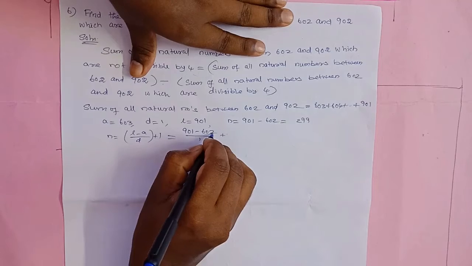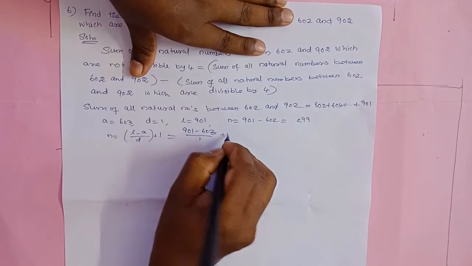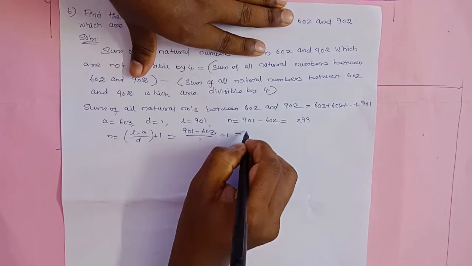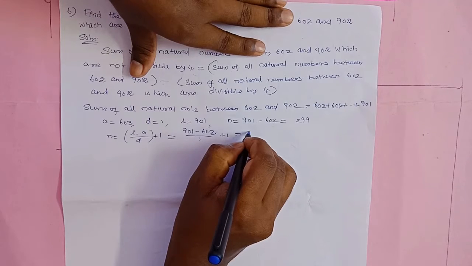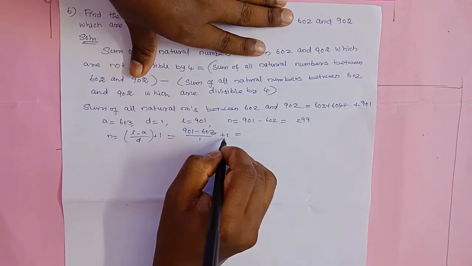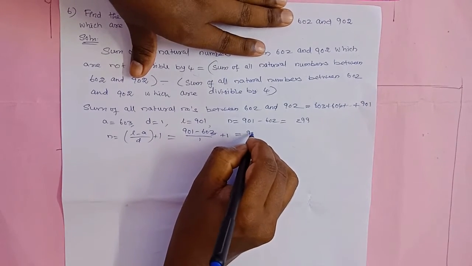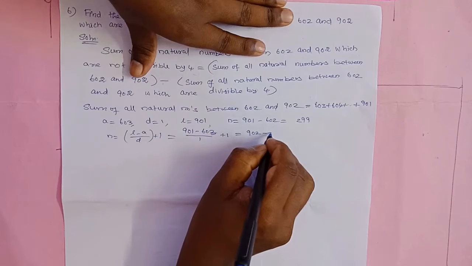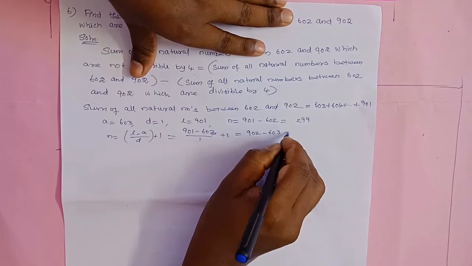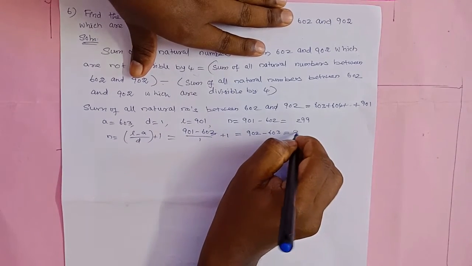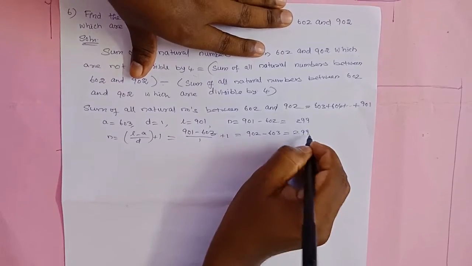A is equal to 603 plus 1, which is equal to 901 plus 1 is equal to 902 minus 603. If you subtract the same, 299.